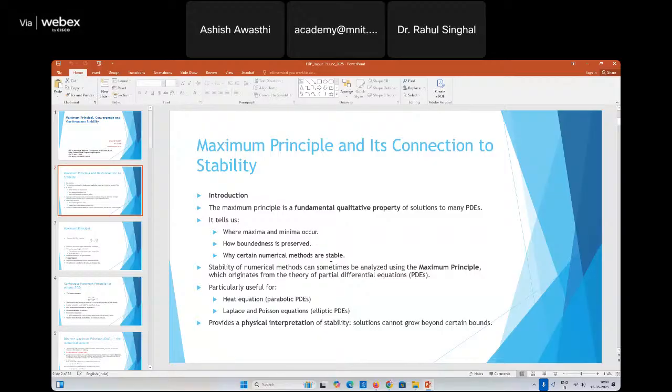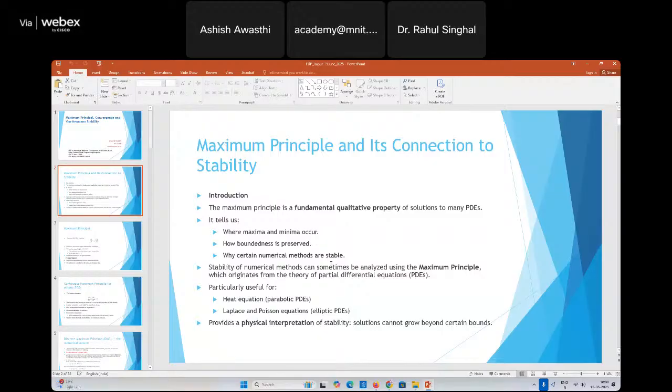Maximum principle is a very fundamental, very important thing in connection with partial differential equations, isn't it? Because it will ensure something which is really required. So you look at that, it is written that the maximum principle is a fundamental qualitative property of solutions of many partial differential equations.